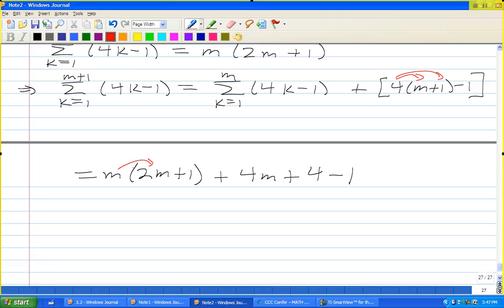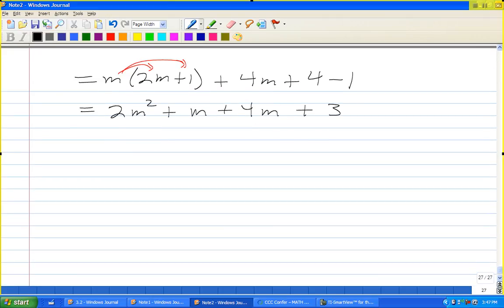Multiply the m inside the parentheses. So this is equal to 2m squared plus m plus 4m plus 3. So I get 2m squared plus 5m plus 3.